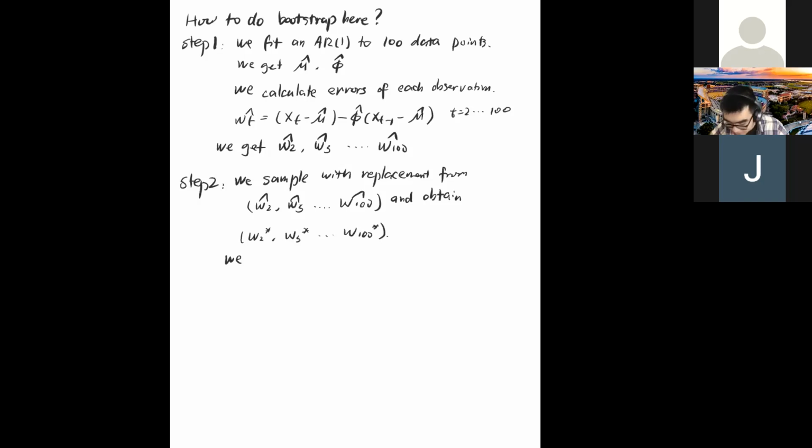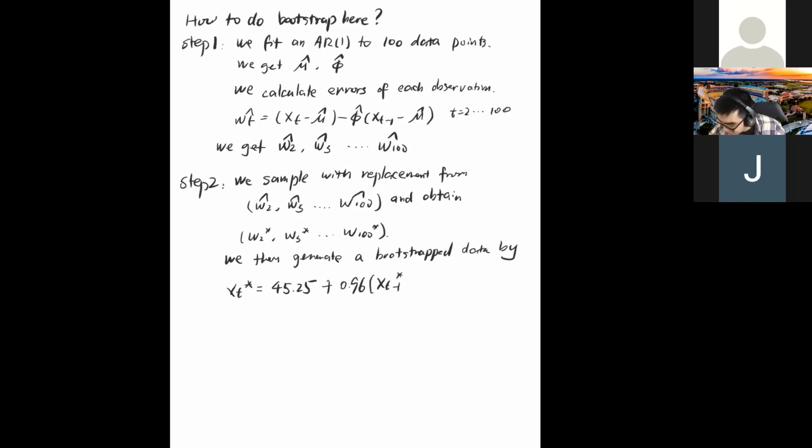We generate bootstrapped data by the following: X_t star is equal to our estimates, where mu hat is equal to 45.25 and our estimate of phi hat is equal to 0.96, times X_{t-1} star, plus W_t star, for t from 2 to 100.